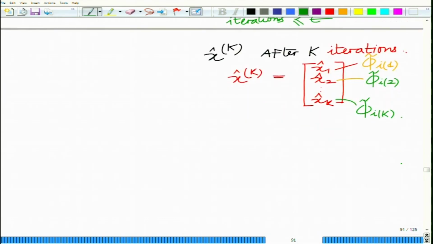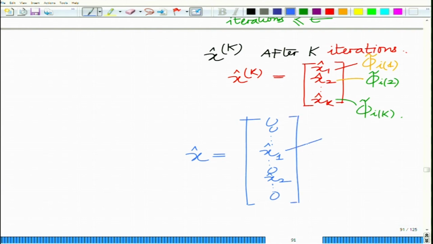And then, how do you finally estimate the vector x? Now, x hat will simply be a vector that mostly contains zeros, except that at the location I 1 you have x hat 1, and at the location I 2 you have x hat 2.